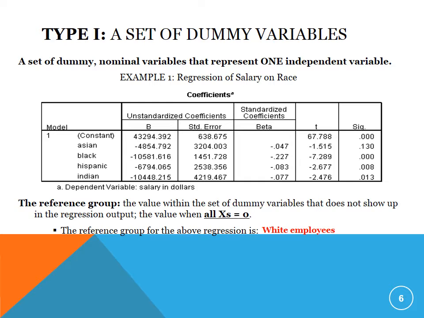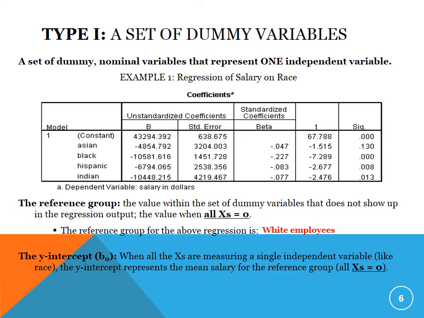The y-intercept, which we know by definition means that it's when all of our x's are 0. And here we know that x at 0 for Asian means that person is not Asian, that person is not black, that person is not Hispanic, that person is not Indian. So what is that person? Well, the person is white. That's the only other value for this race variable that hasn't been checked off.